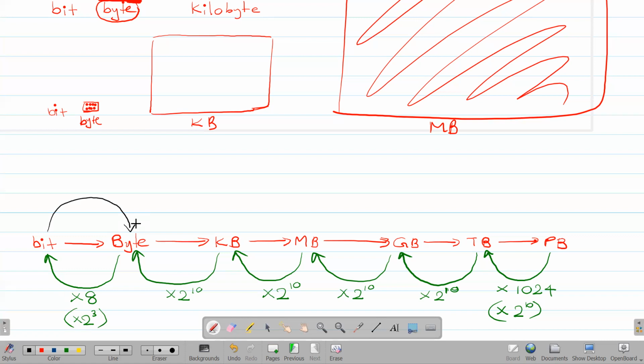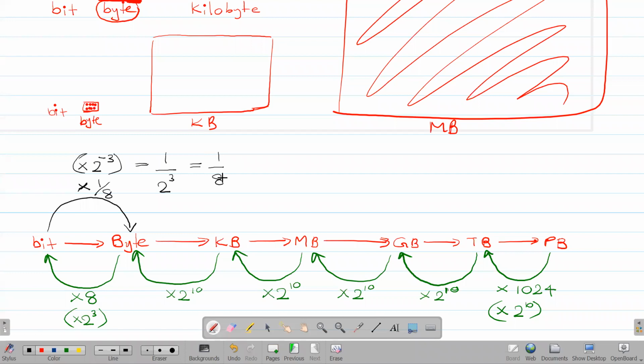Divide by 8 means multiplying by 1 over 8, which means multiplying by 2 to the power minus 3, because 2 to the power minus 3 equals 1 over 2 to the power 3, which equals 1 over 8.